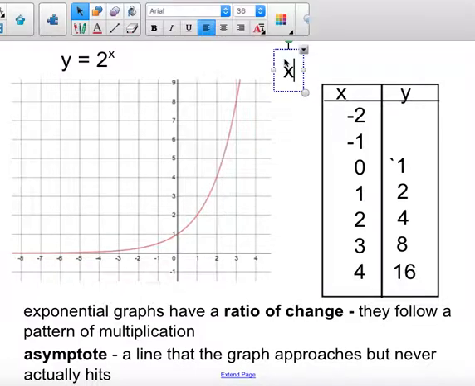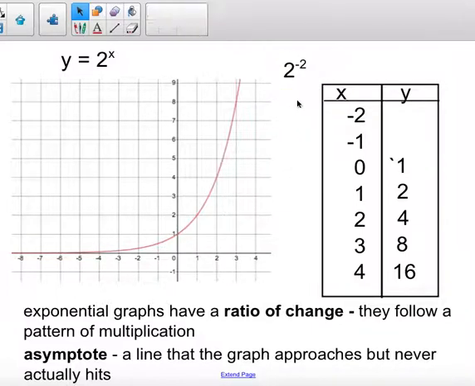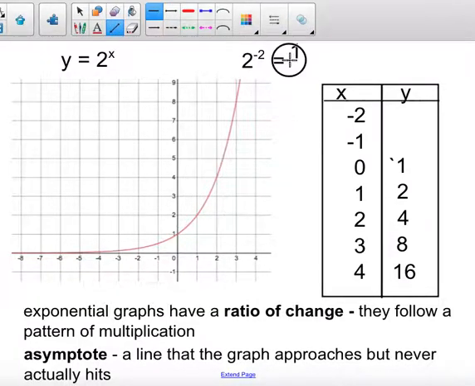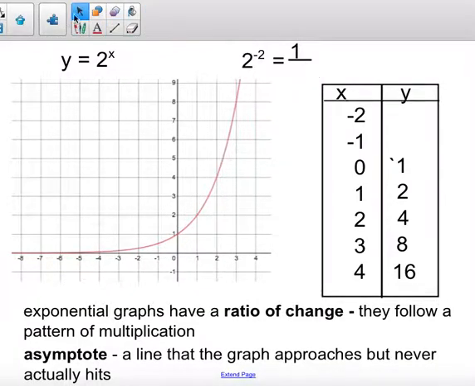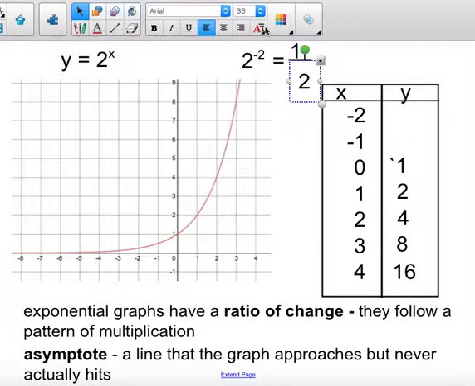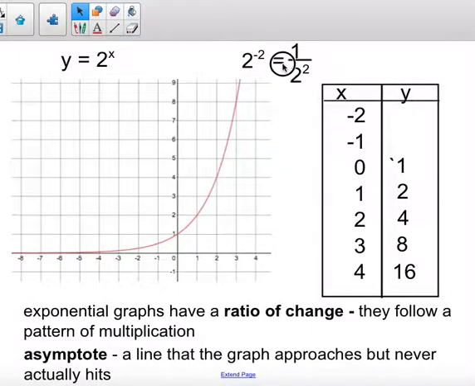So 2 to the negative second power is equal to 1 over 2 to the positive second power. And we already said what 2 to the second is. We said that that's 4. So 2 to the negative second is actually just going to be 1 over 4.